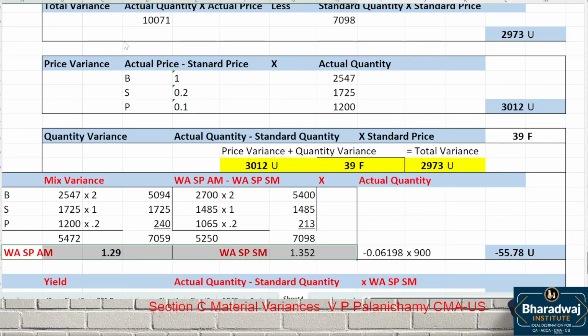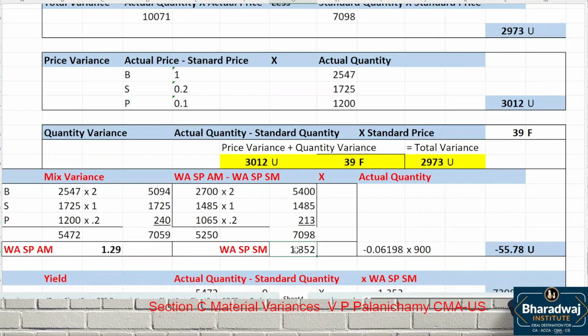Am I right? Or is it a typing error? This into 5472. 339.1 favorable. If it is negative, it is favorable.